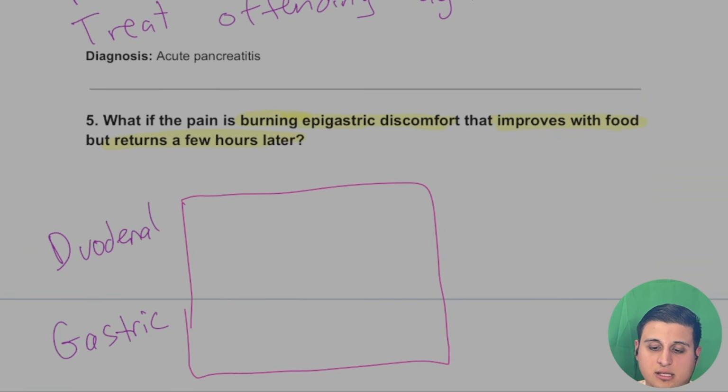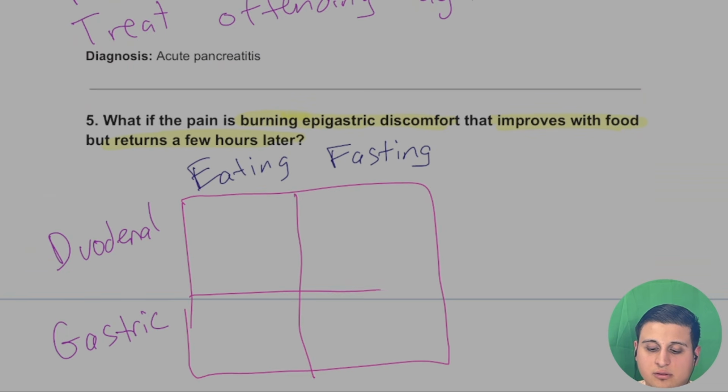And then we're going to say eating, and then fasting. All right, so to break this down, with a duodenal ulcer, if we eat, it's going to be pain relief. Why?